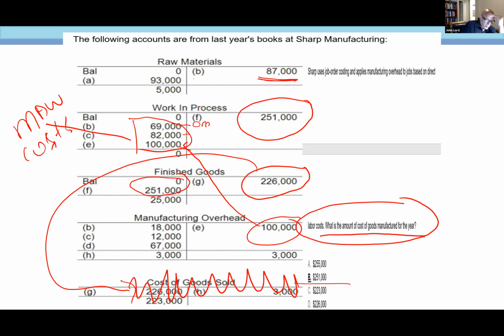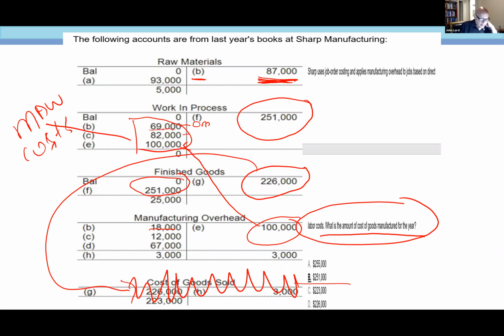Now I'm following that by that letter B, but even if they didn't give me that letter B, 87, right? And if I asked you what's your indirect materials, you should be able to answer that because what comes out of my raw materials, some of it's direct, some of it's indirect materials, right? So I'm assuming that 69 plus 18 equals 87.